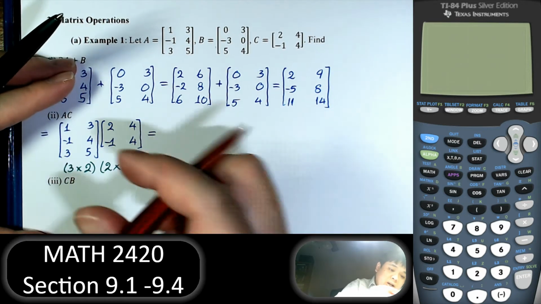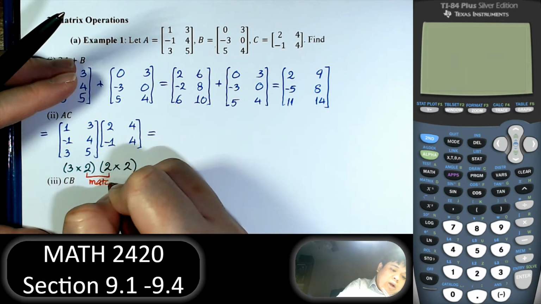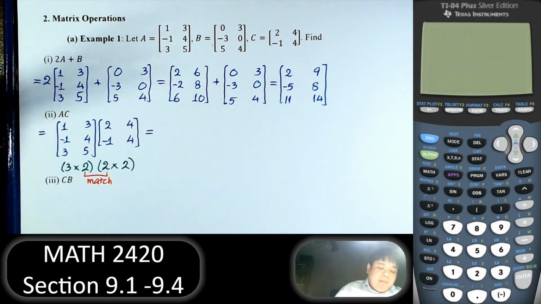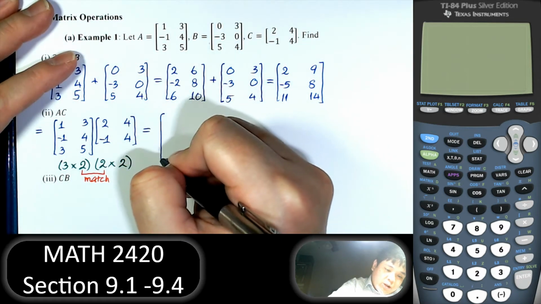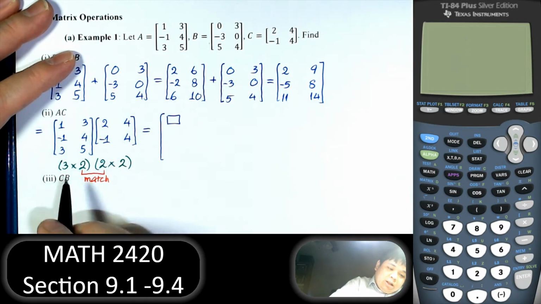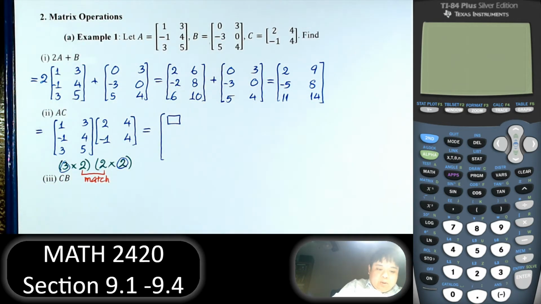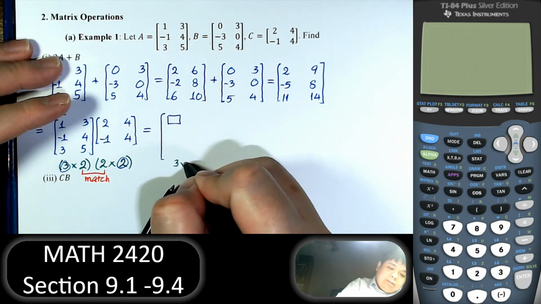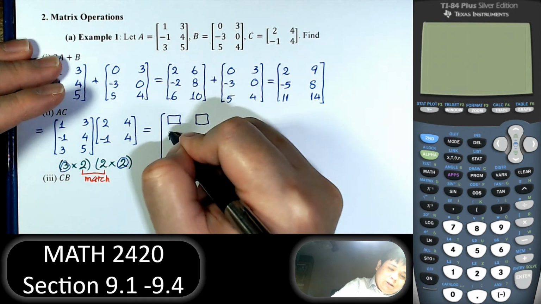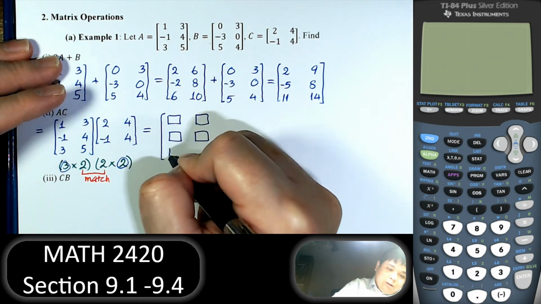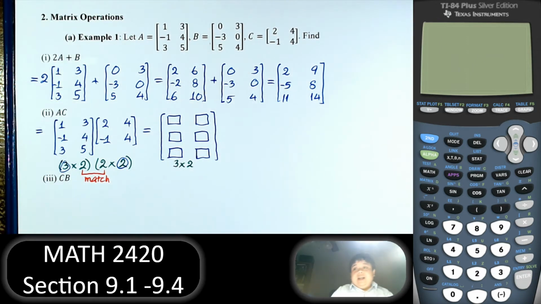The middle number must match. If the middle numbers do not match, it cannot be multiplied. So we have the middle dimension match. And then the result is going to be a 3 by 2 matrix, the outside numbers. So just write the 3 by 2. Right. Then the rest is easy.